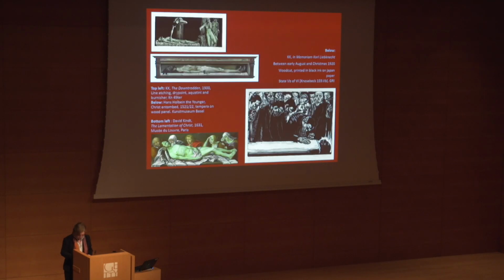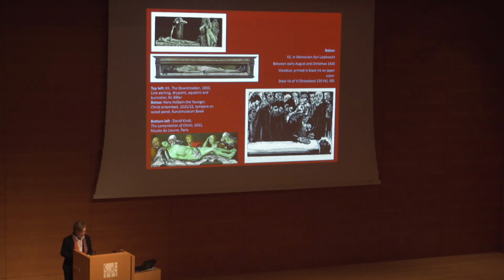Kollwitz uses the types of Christ in the grave, particularly frequently represented here by a famous panel by Hans Holbein the Younger, and the narrative form of mourning or burial of Christ, for which I showed the example of a German Baroque master.